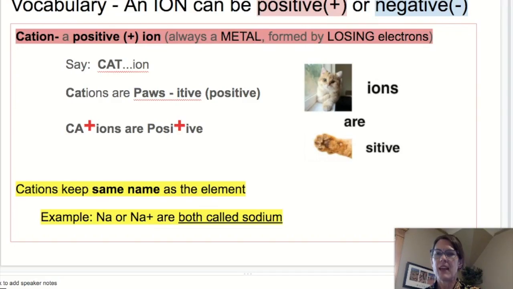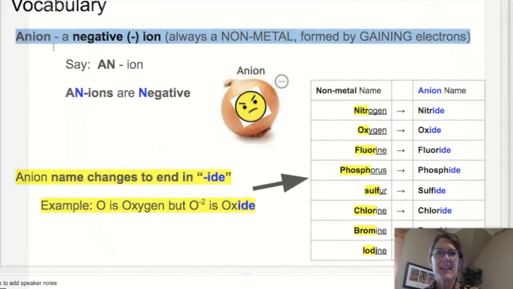So now let's look at anions. An anion is a negative ion, and it's always a nonmetal, and they're formed by gaining electrons. So gaining is negative. When atoms gain electrons, they become negative, and they are called anions. You could just say ion, but saying anion is more specific, that it's a negative ion. And we say the word like that, anion, very strong anion.